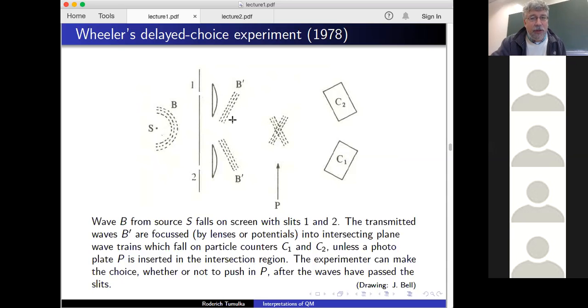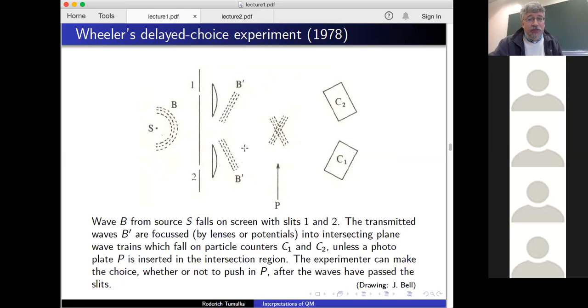So with lenses, you could do that with photons, or with electrons you would have to arrange some sort of potential that will focus the wave function to move in this direction to become more or less a plane wave. So this plane wave here moves in this direction and arrives here at a particle counter, C1.